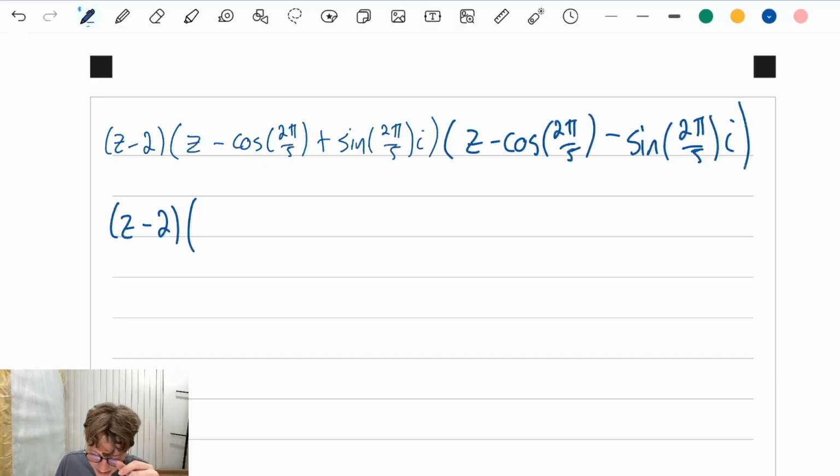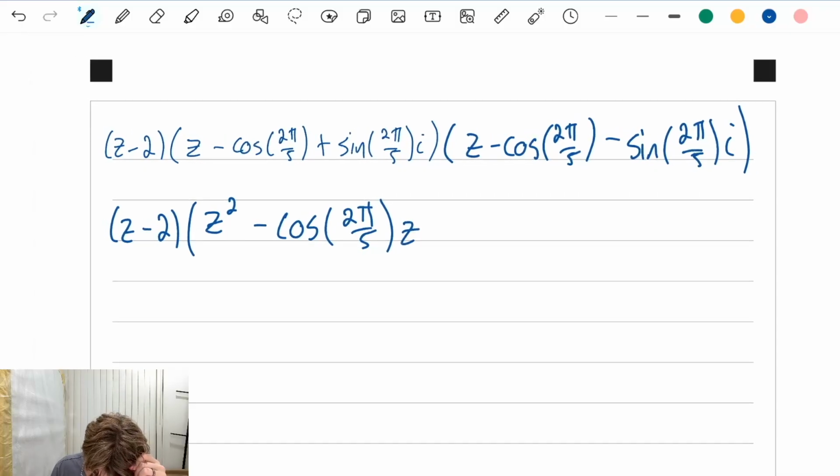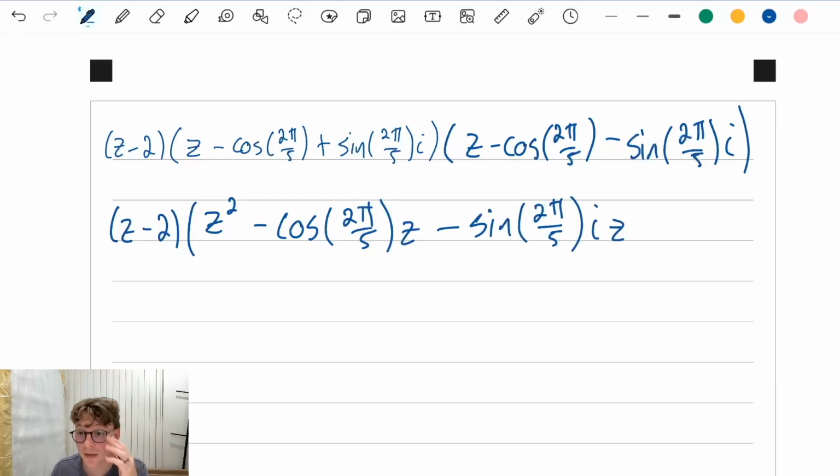If I do z times z, I wind up with z squared. If I do z times negative cosine 2 pi on 5, I get negative z. Actually, I'll put my z at the back. I get negative cosine 2 pi over 5 multiplied by z. And if I do z multiplied by negative sine of 2 pi on 5, I wind up with this.